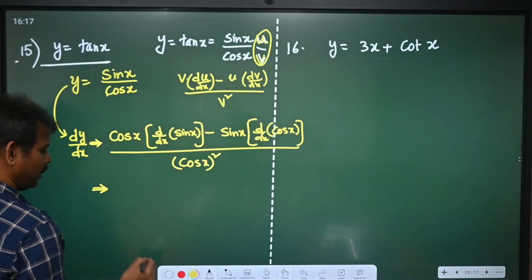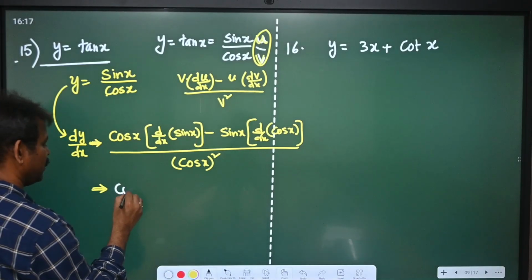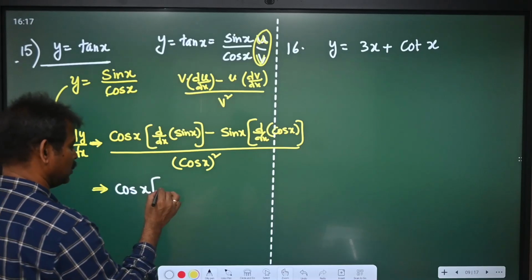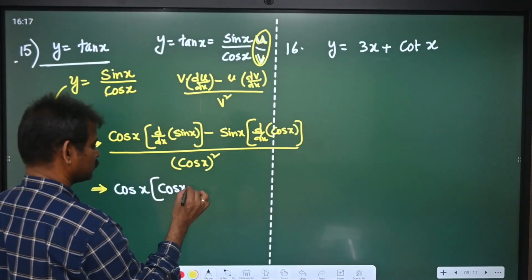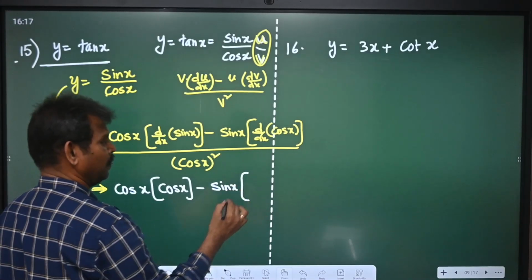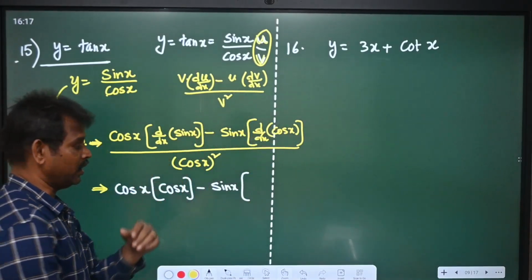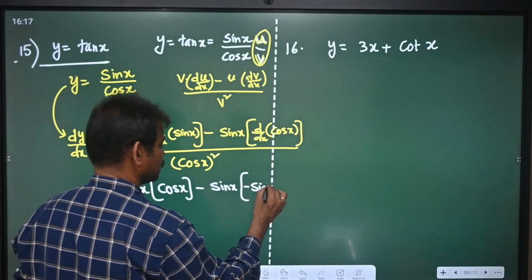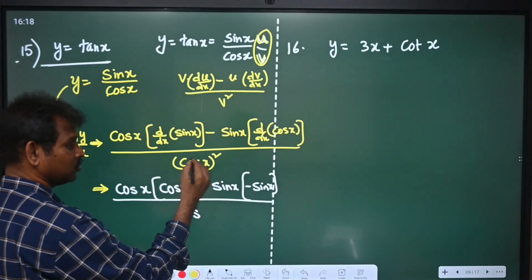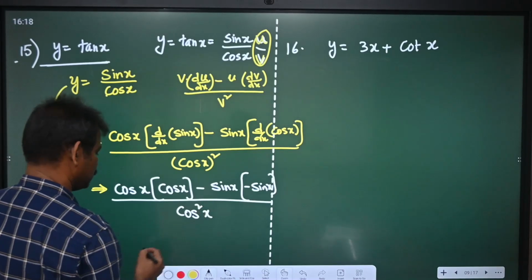Now this can be written as cos x remains as cos x, the derivative of sin x is also cos x, minus sin x, the derivative of cos x, which is minus sin x, divided by cos x whole square, known as cos square x.